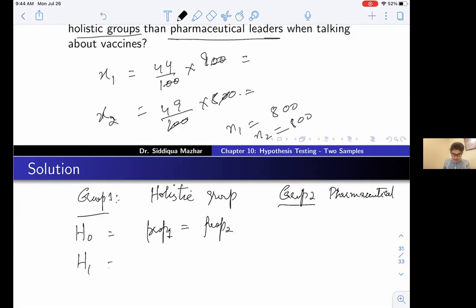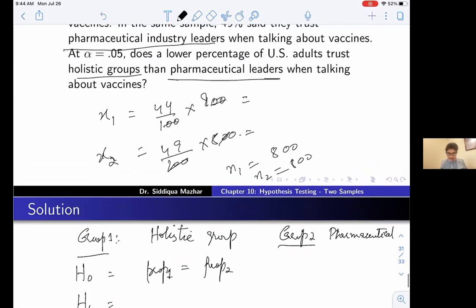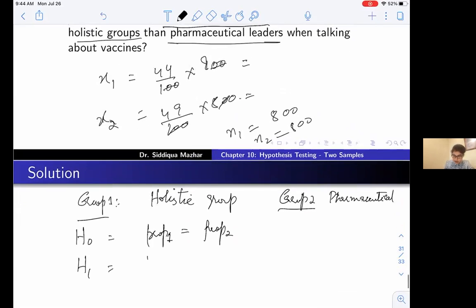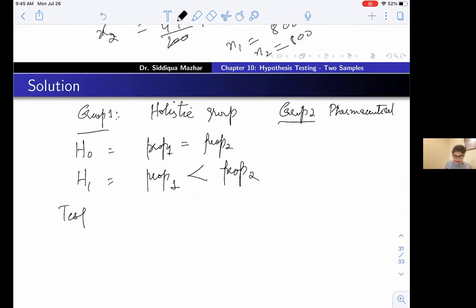And H1, which is your alternating hypothesis: does a lower percentage of US adults trust holistic groups? So people who trust holistic groups, prop 1, is less than people who trust pharmaceutical leaders, which is prop 2. This is your alternating hypothesis, which is your claim in the statement. Then you have to write down the test, which is the 2 prop Z test.